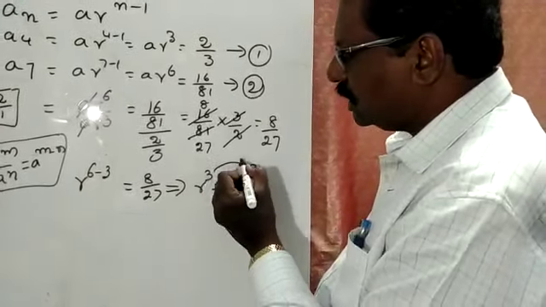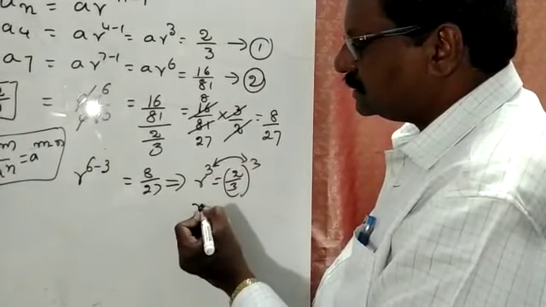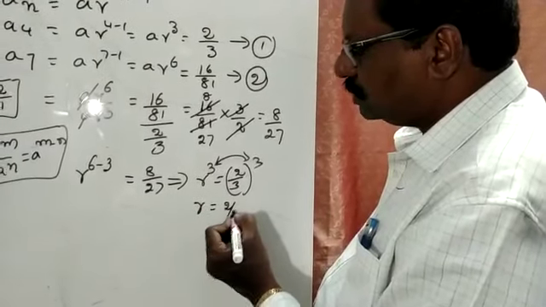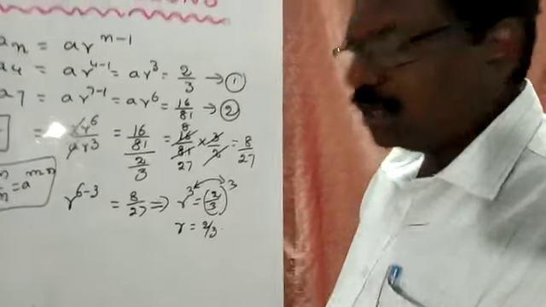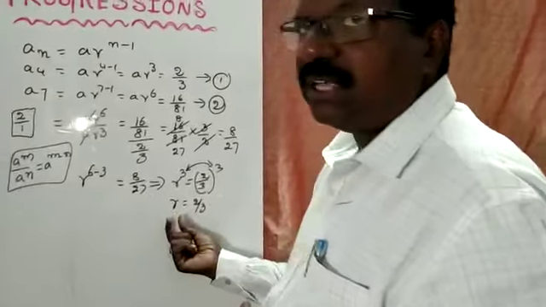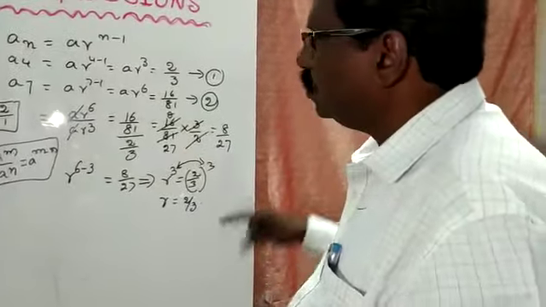So the powers are equal on both sides, so the bases are equal. R is equal to 2 by 3. R means the ratio of the geometric progression. R is equal to 2 by 3.